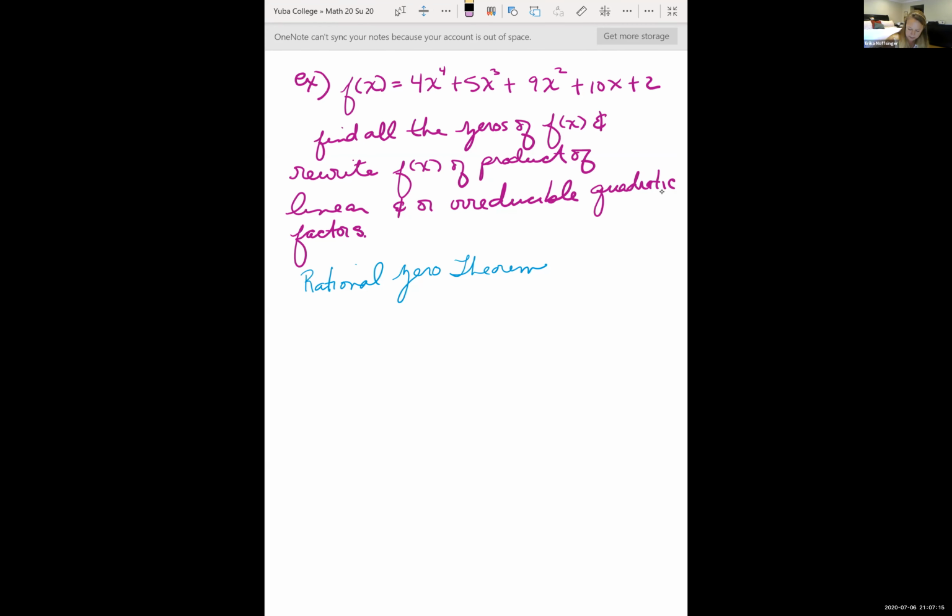So we're looking at P divided by Q. Looking at P, let's look at all the factors of our constant, which is 2. All numbers that go evenly into 2 are just 1 and 2. And then Q are all the numbers that divide evenly into our leading coefficient.